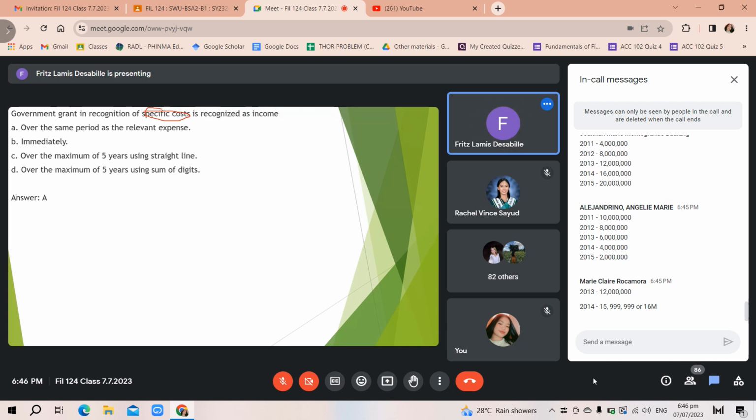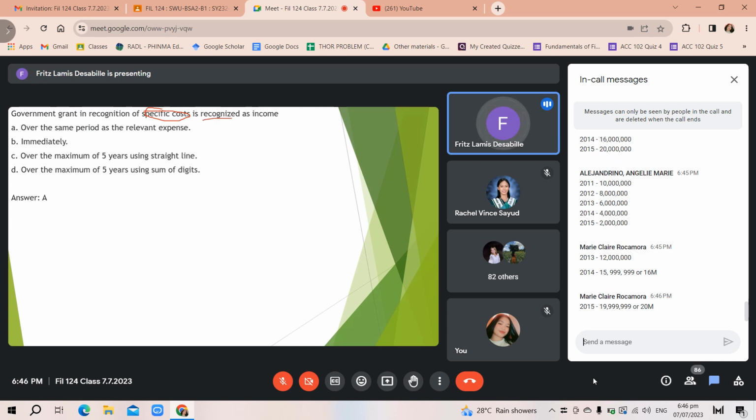So ni ana si standard na if it is related to specific expenses or specific cost, i-recognize nato ang grant income, letter A, which is over the same period as the relevant expense. So i-match nato si income sa kay expense.